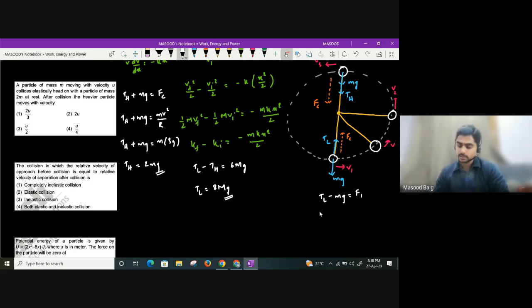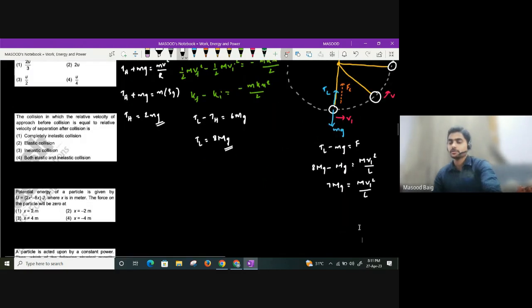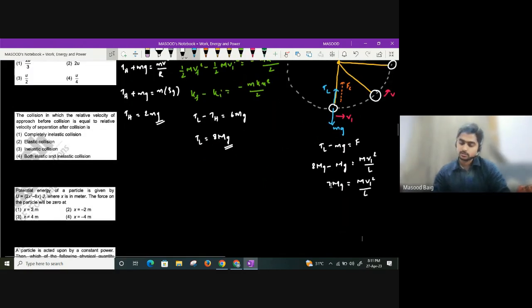Tension at the lowest position is 8 mg, so 8 mg minus mg equals mv1 square divided by L. So 7 mg equals mv1 square divided by L. Therefore v1 square is 7gl, and v1 is root over 7gl.